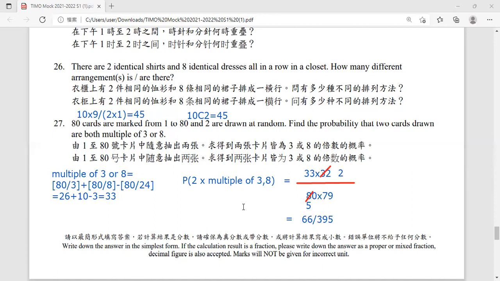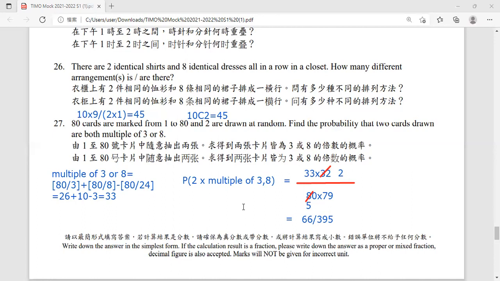Any questions? Now, if you don't understand why I have the times set, it's because there are only 33 cards that fulfill the requirement, and there are 80 cards in total. So for the first card drawn, the probability will be 33 out of 80. When the card is drawn away, you have only 79 cards left, but you have 32 cards that fulfill the requirement.